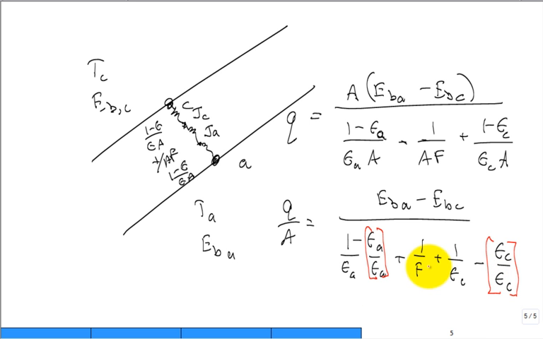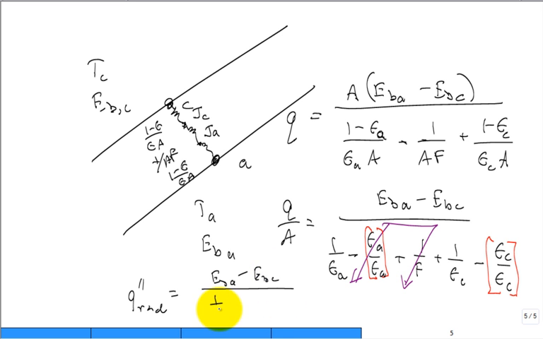And we have, I'll clean this up just a little bit, 1 over emissivity absorber minus, and so this one cancels with that one, and you're left with a much simpler result that the heat flux, let's just put it as Q double prime radiative, is equal to EB absorber minus EB cover divided by 1 over the emissivity of the absorber plus 1 over the emissivity of the cover minus 1. There's just a few steps to move into that simple equation.